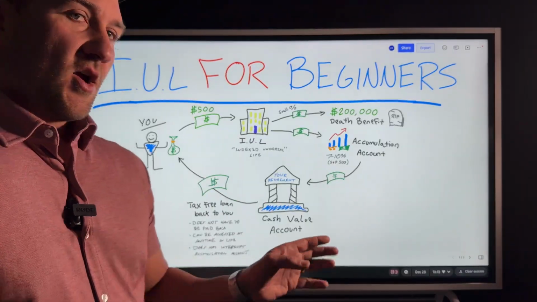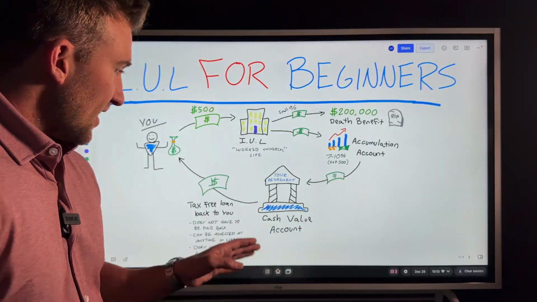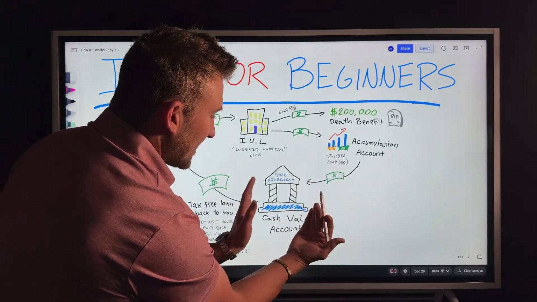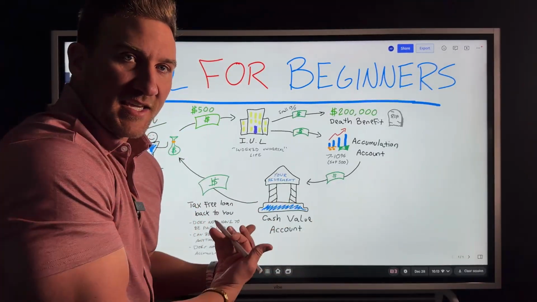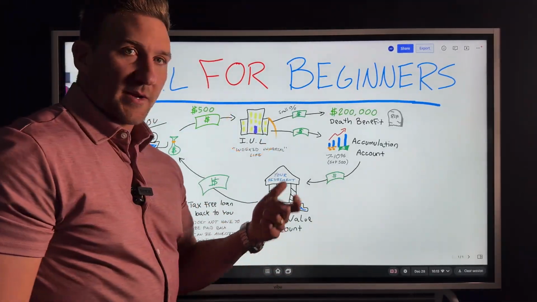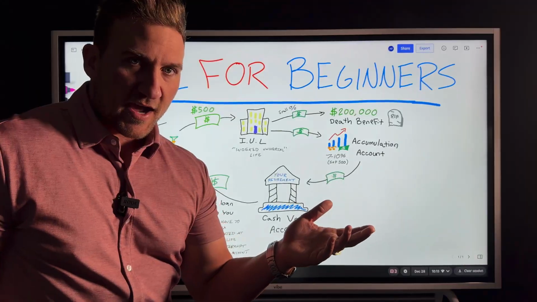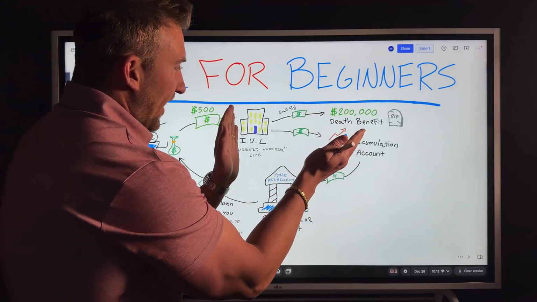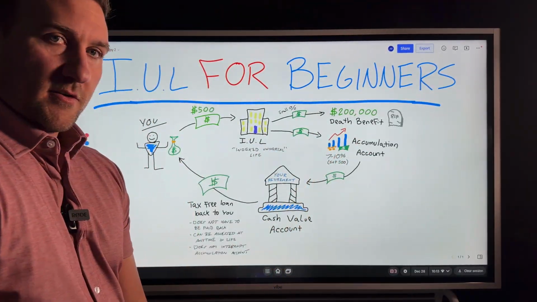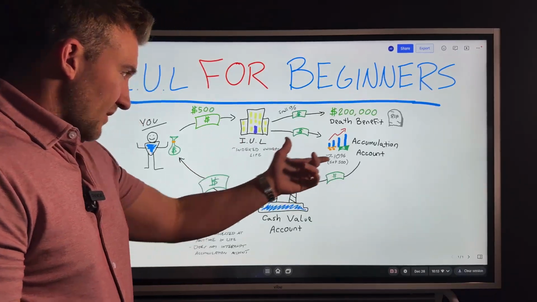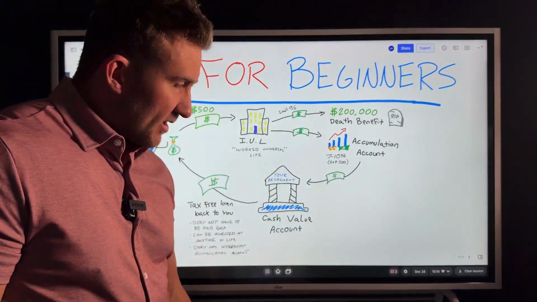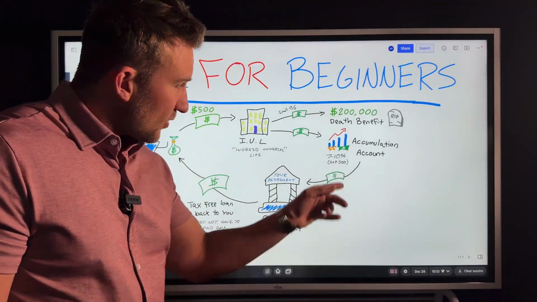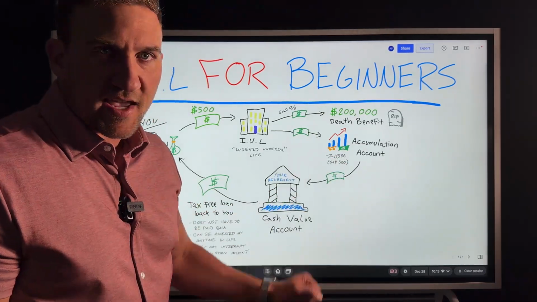Some beauties of these are the different types of loan strategies you could take. You can take a loan because you're not taking money out of the account. You're taking a loan from the insurance company that's collateralized with the money you already have. So essentially, if you have $500,000 in here, you're like, hey, insurance company, can I loan against that? They'll be like, yeah, we already have it. So it's over here gaining 7, 10%. We'll just say it's gaining 8.